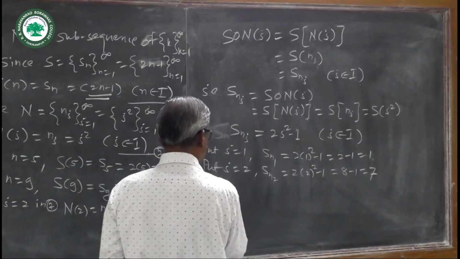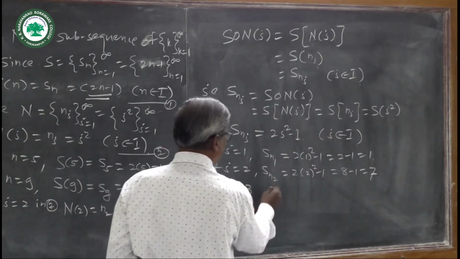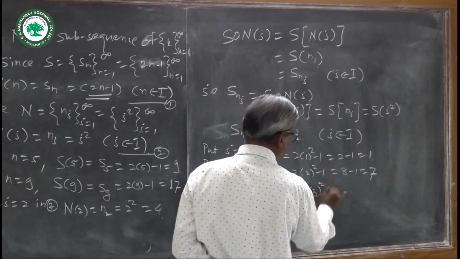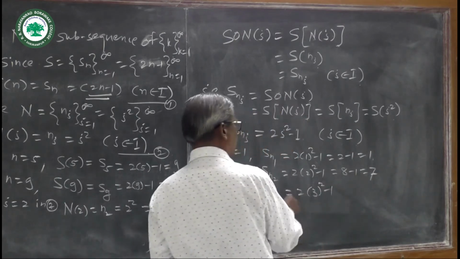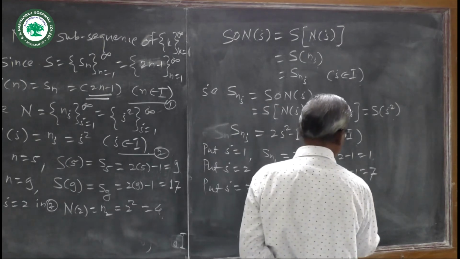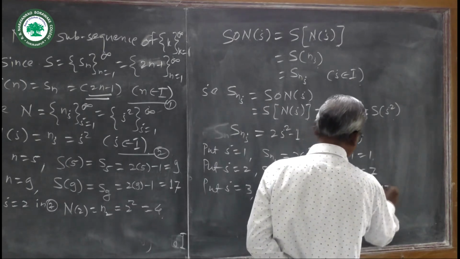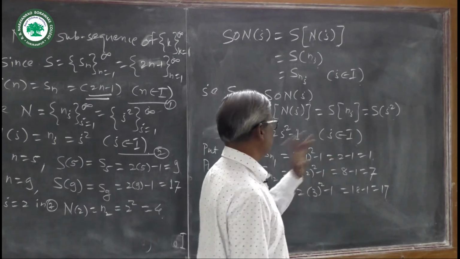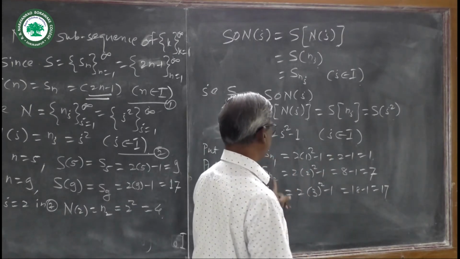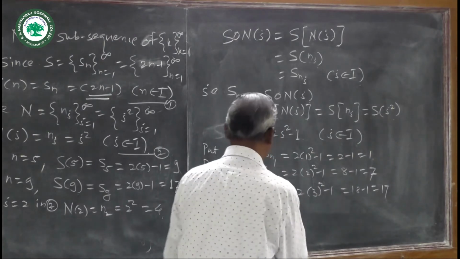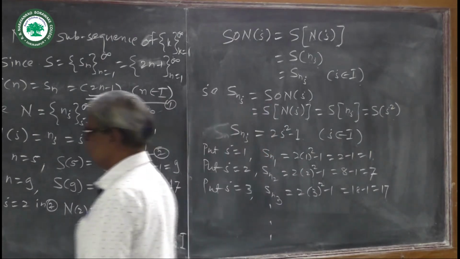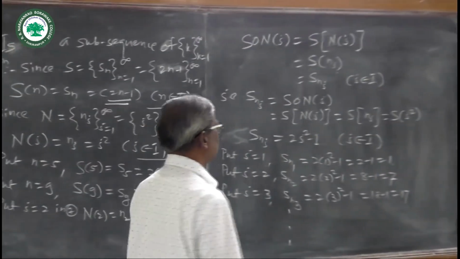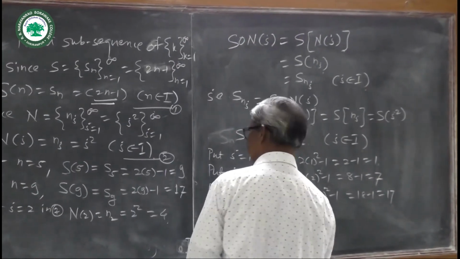Put i is equal to 3. s_{n_3} is equal to 2 into 3 square minus 1. 9 into 2 is 18, minus 1, which is equal to 17. And so on. s_{n_1} is the first term of the subsequence, s_{n_2} is the second term, and s_{n_3} is the third term of the subsequence.